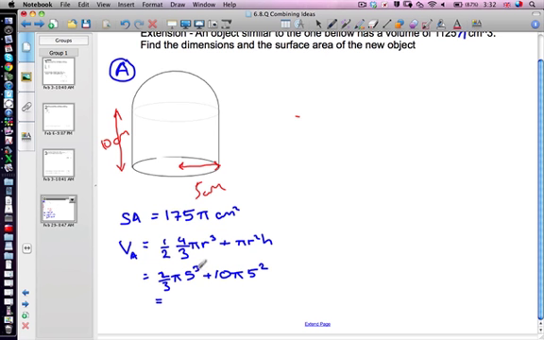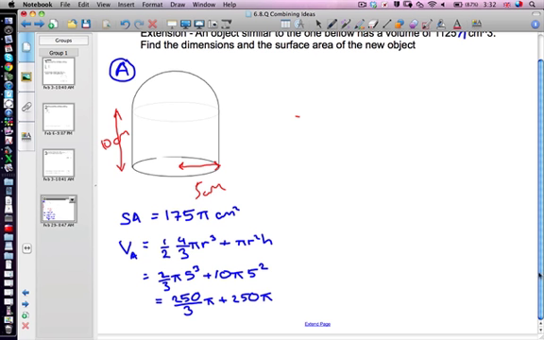5 cubed is 125, times 2 is 250. So I'm going to put 250 over 3 pi. That's this one kind of simplified. And I'm also going to do 5 squared is 25 times 10, 250 pi.